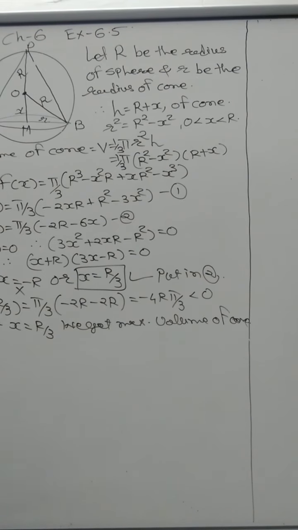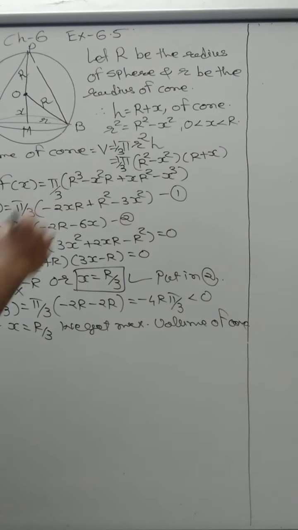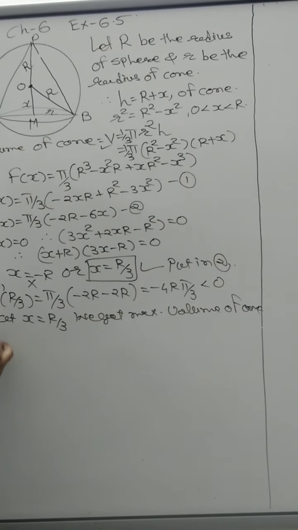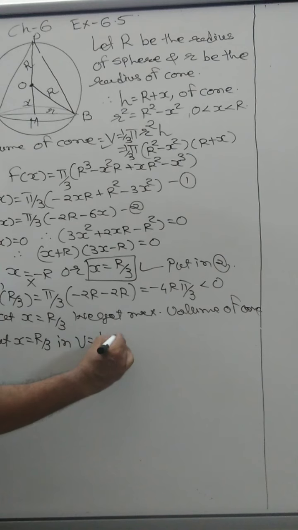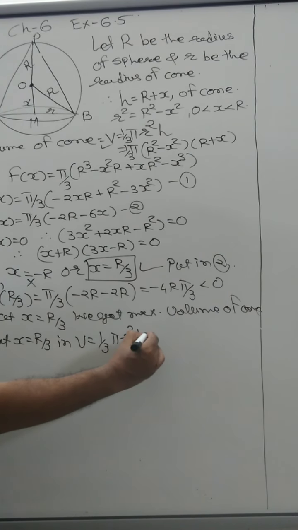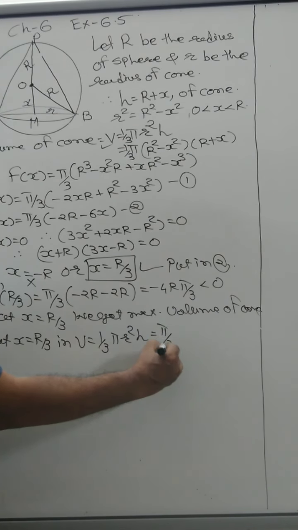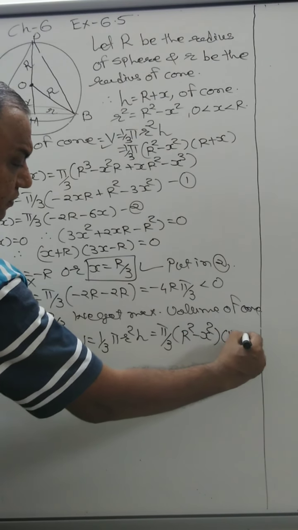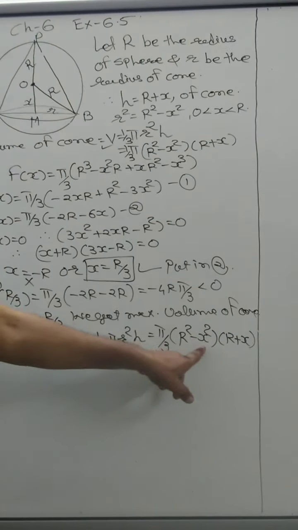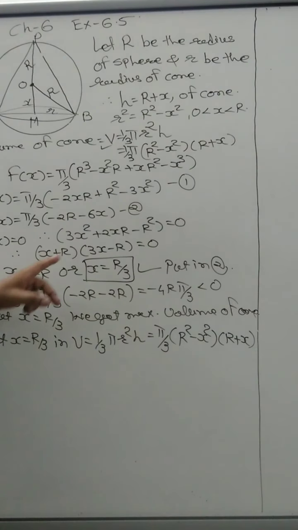We put x equal to R by 3 in V equal to 1 by 3 pi r square h, or pi by 3 times R square minus x square into R plus x.